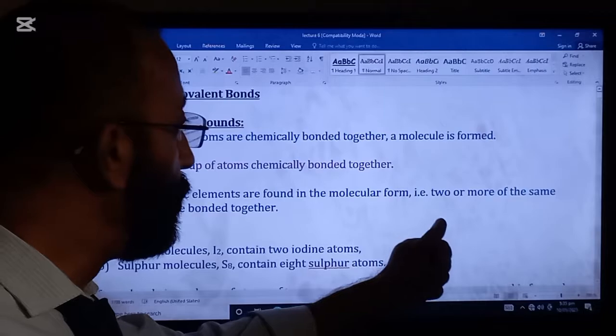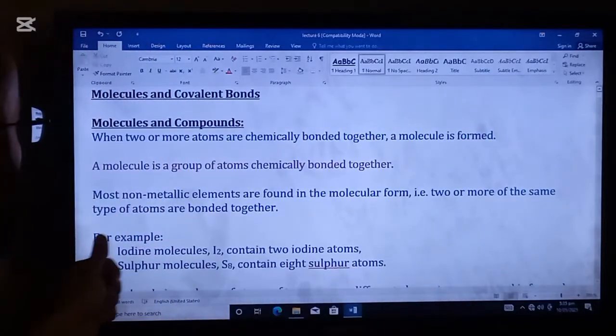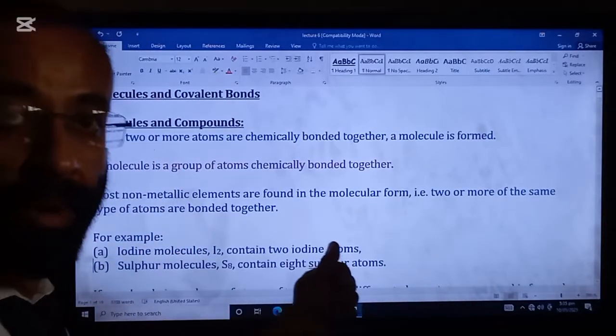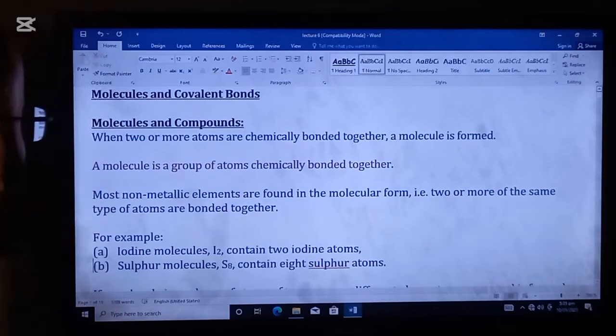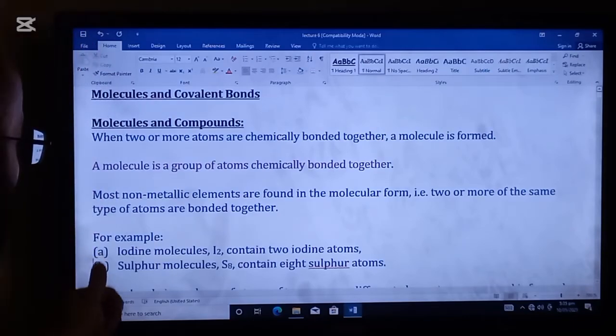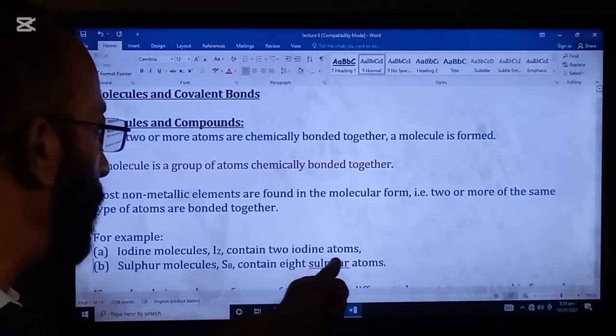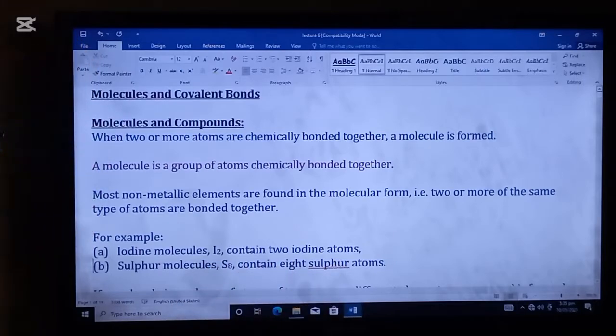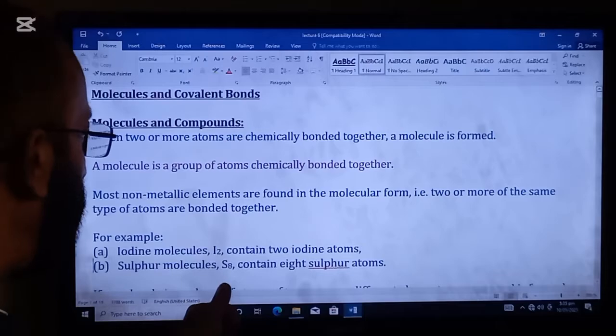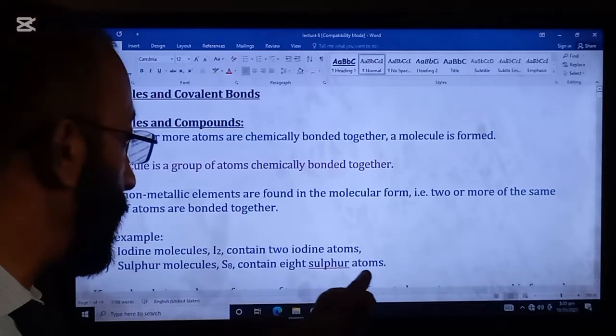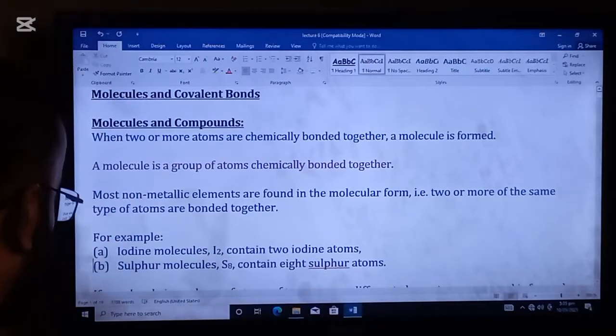That is, two or more of the same type of atoms are bonded together. Examples are iodine molecules. I2 contains two iodine atoms. Sulfur molecules. S8 contains 8 sulfur atoms.